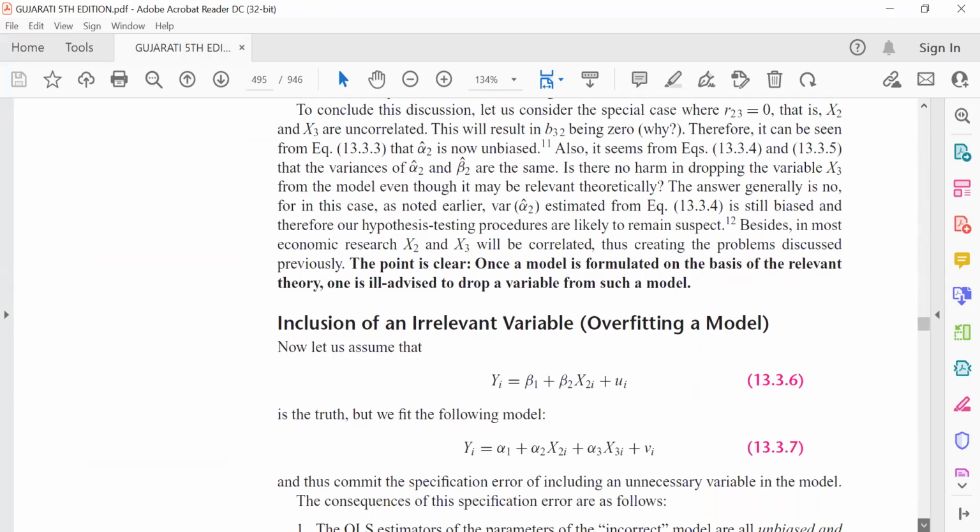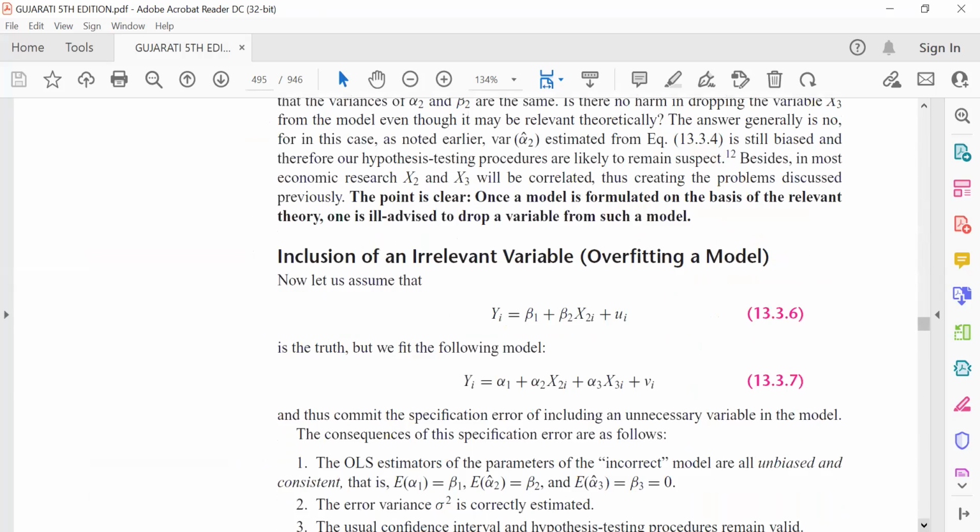Okay. Second one, inclusion of an irrelevant variable, or overfitting a model. Now we assume that this is our true model, but we estimate this one. This means we have here x3 as an irrelevant variable.